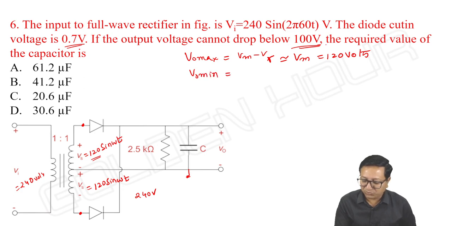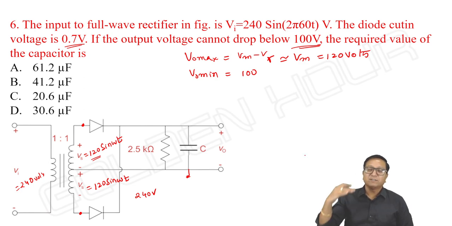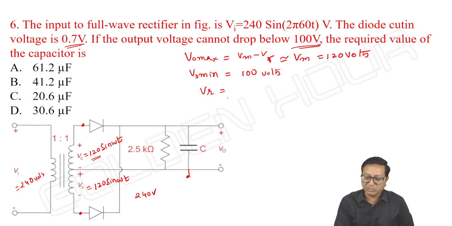Output should not fall below 100 volts. Okay, capacitor voltage we know the output voltage waveform. It looks like a triangular wave in which output maximum is 120 volts and output minimum is 100 volts. Then VR, peak to peak ripple voltage, is equal to output maximum minus output minimum. It is equal to 120 minus 100, it is 20 volts.